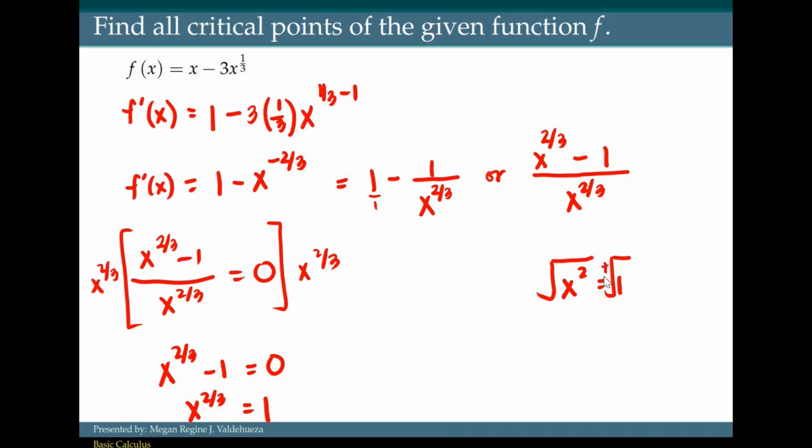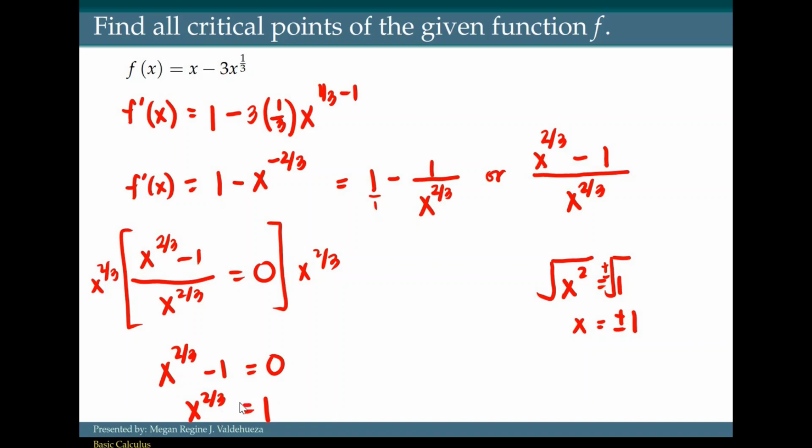So we have a positive negative here. So we get x equal to positive negative square root of 1, that is 1. So we are given two values of x.